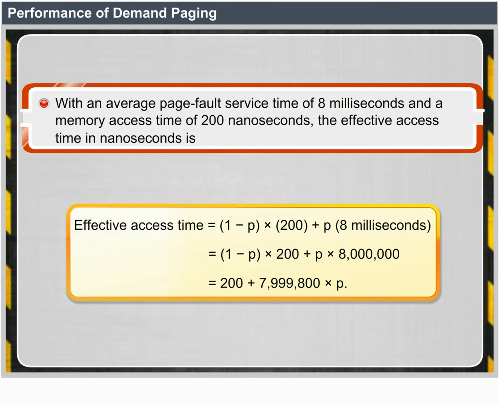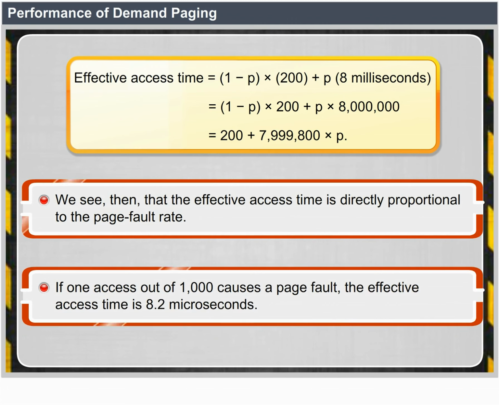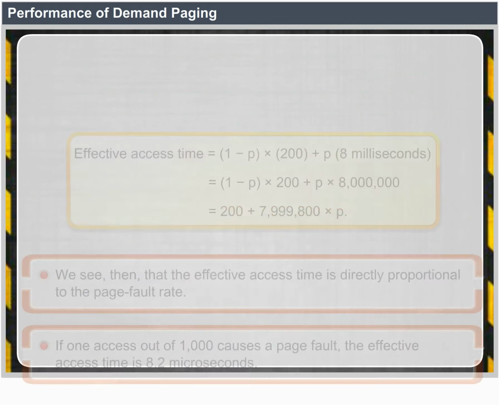We see then that the effective access time is directly proportional to the page fault rate. If one access out of 1000 causes a page fault, the effective access time is 8.2 microseconds. The computer will be slowed down by a factor of 40 because of demand paging.